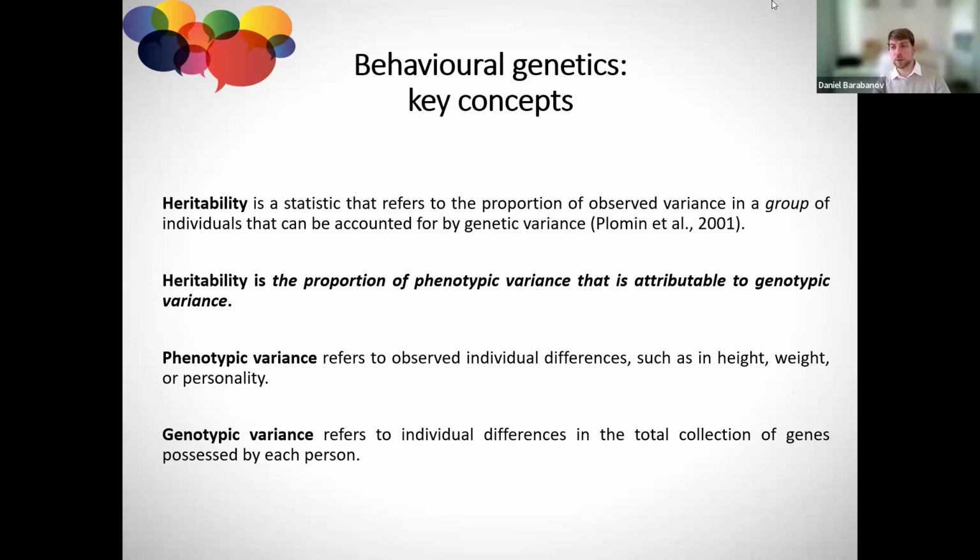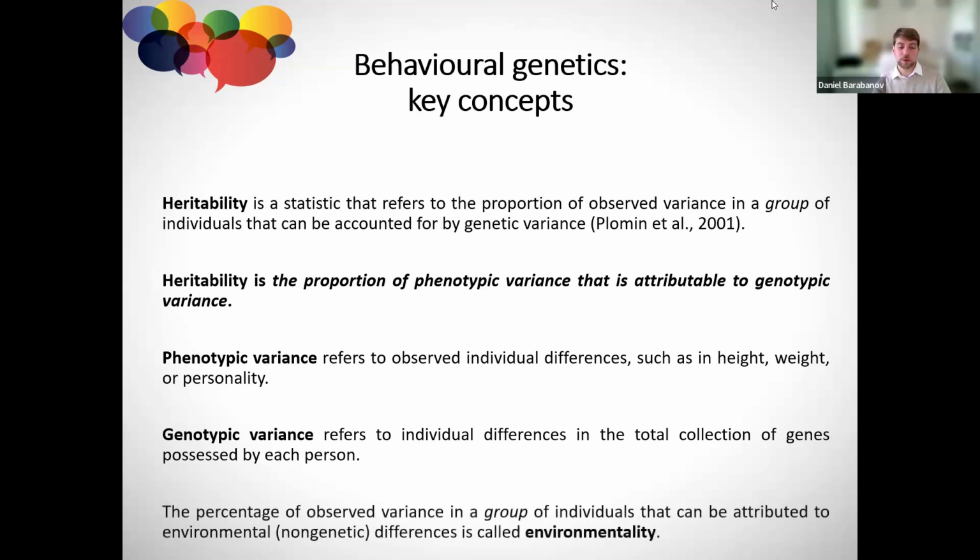The relationship between phenotype and genotype can be complex. Sometimes people have certain genes, but they are not manifested that clearly, and based only on appearance, you cannot make conclusions about the genes people have. So it's not the same. Please be attentive to this difference. The percentage of observed variance in a group of individuals that can be attributed to environmental differences is called environmentality.